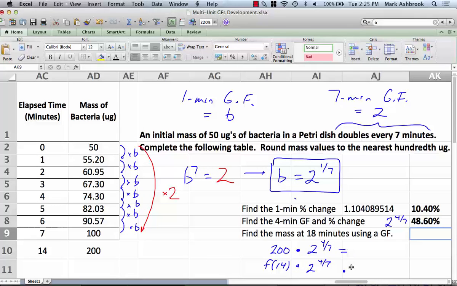And that'll give us the new output 4 minutes after 14 minutes, or at 18 minutes. So it equals f of 18. This is a great thing because it uses function notation and also embodies the idea of exponential growth, that we're multiplying by a growth factor to take us from one output to another output. In this case, 4 units later.